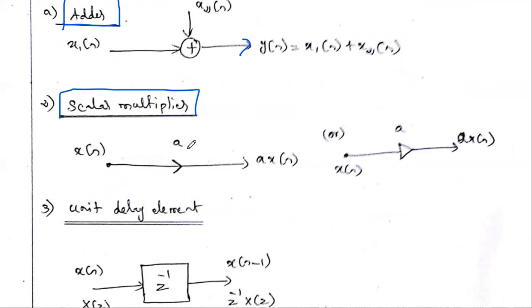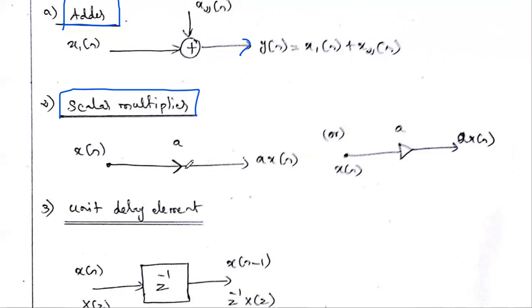If the input signal is x of n, it is multiplied with this constant value a. The output of the scalar multiplier is a multiplied with the input x of n. This element is called a scalar multiplier.